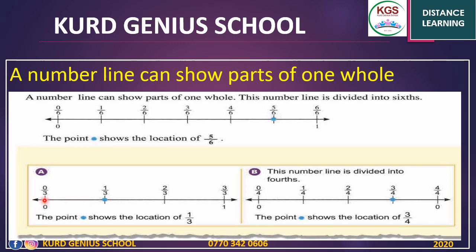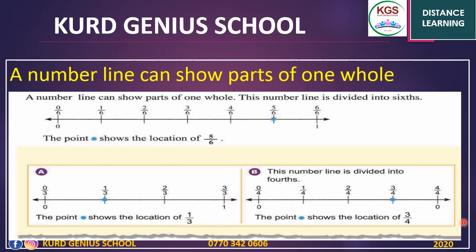You will find out that we have 3 equal parts. And look at the top, the numerator: 0/3, 1/3, 2/3, 3/3. Here 0 divided by 3 equals 0, and 3 divided by 3 equals 1.